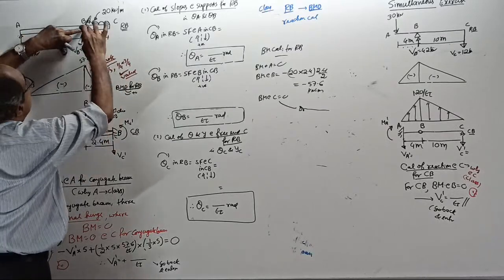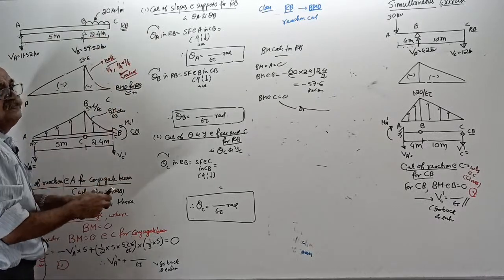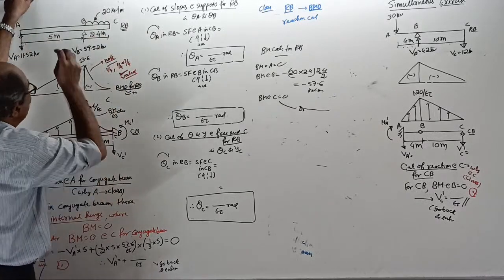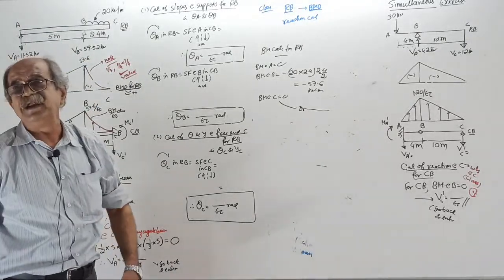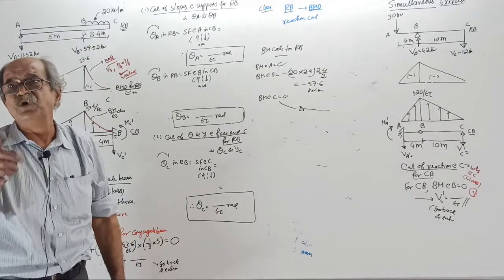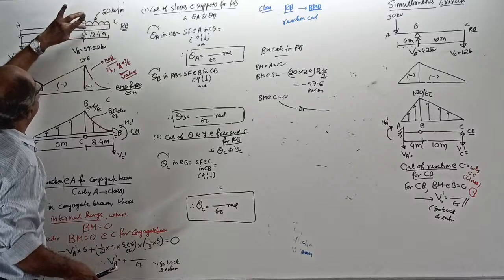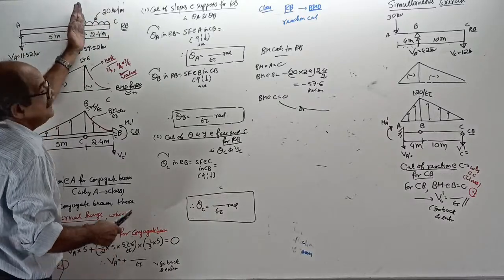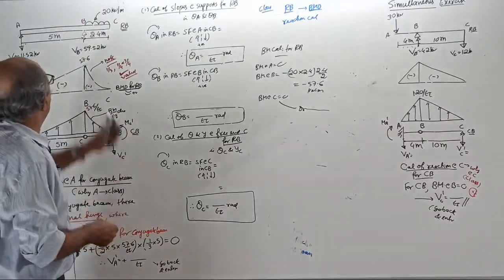And if I see the BC portion, decide whether you can apply the formula of area equals 1/3 base into height and CG at 1/4 or 3/4. How do you decide? See the BMD from 0 ordinate to maximum. Tell me, does it correctly match with the cantilever, even though it is not a cantilever?